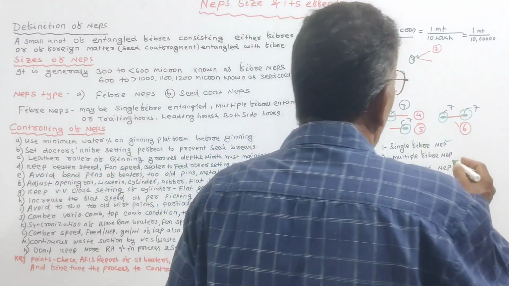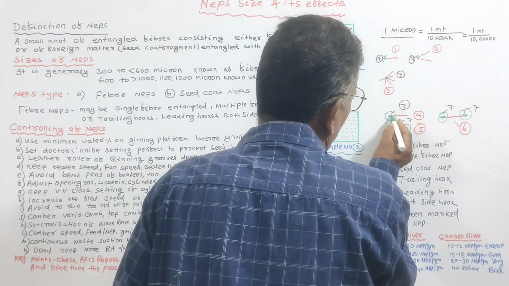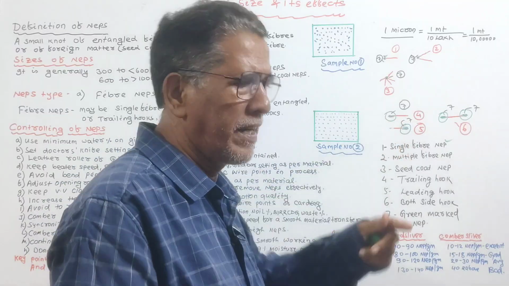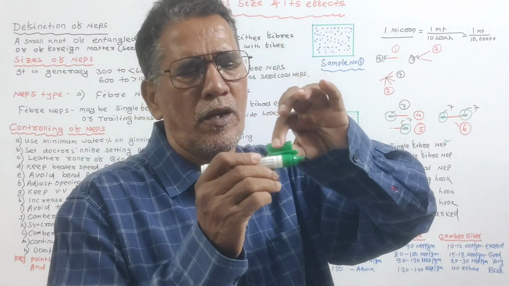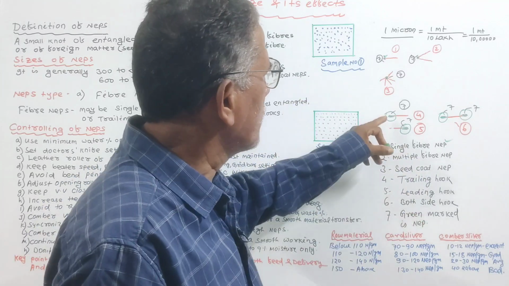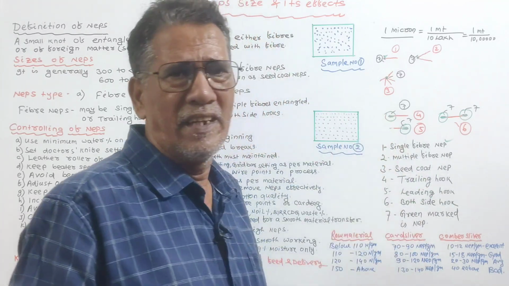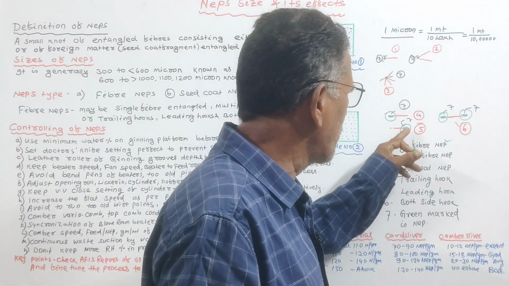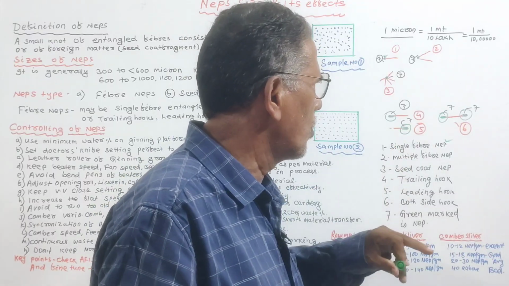Another thing is a hook. Hook means the fiber is folded on one side. When the back side of the fiber is folded, that is a trailing hook. When the front side is folded, that is a leading hook.